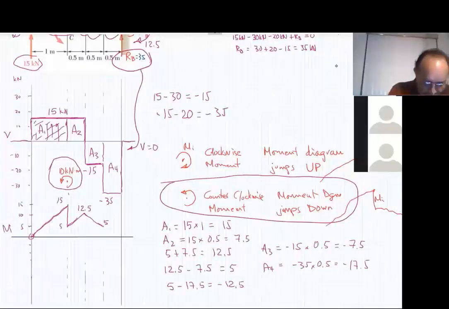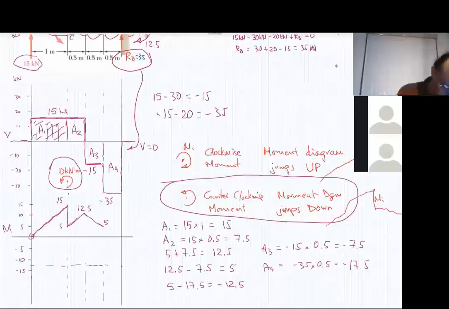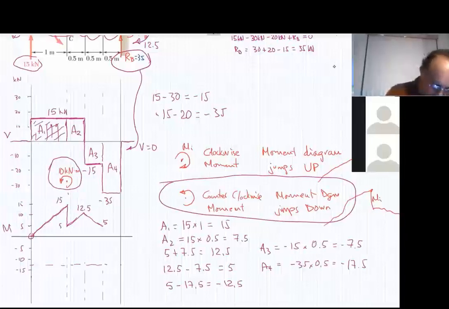So a straight line with constant slope at minus 12.5, somewhere over here. Straight line. Minus 12.5.